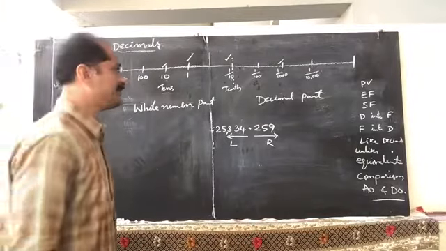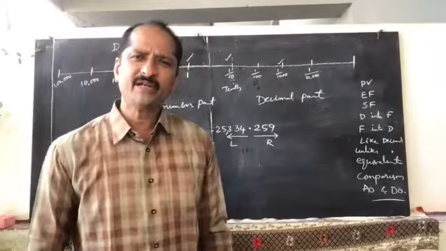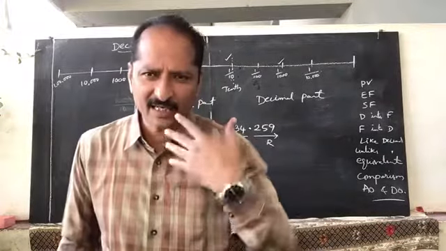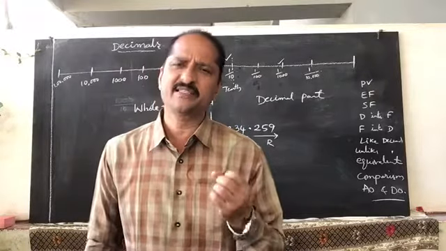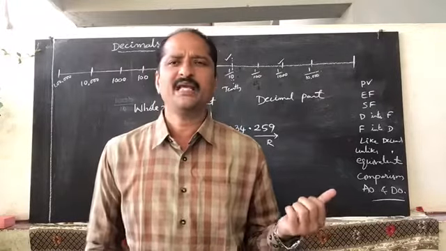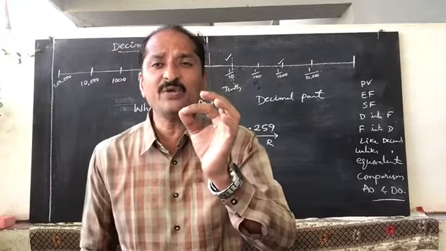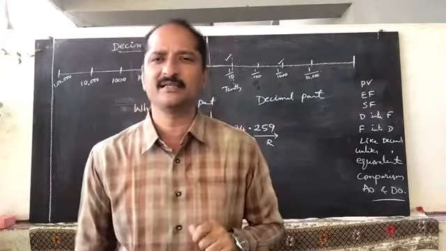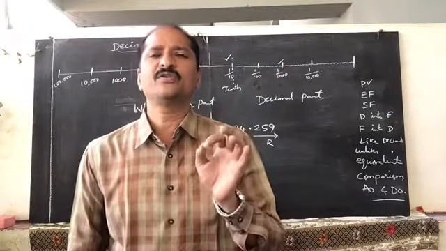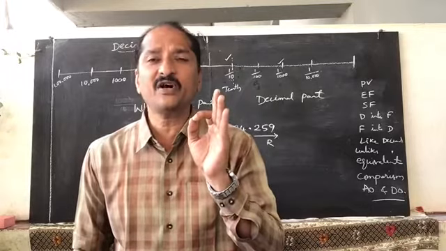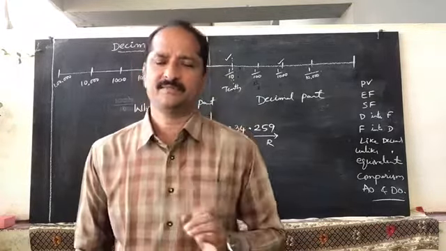Now observe carefully about the place value. What is a place value? What we have learned in our Indian number system, the same will apply here. Place value is nothing but face value into its place. So to get the place value of any number, the digit we should multiply with its place.